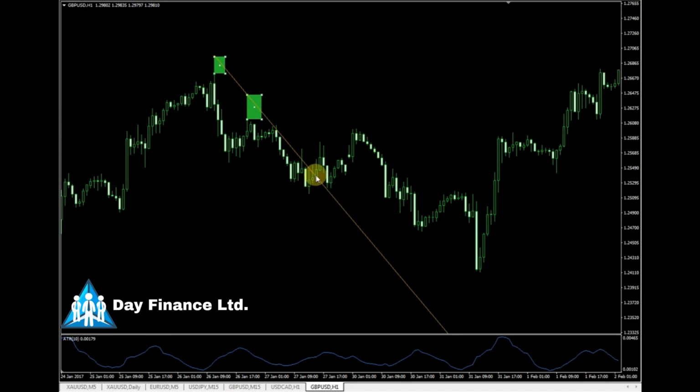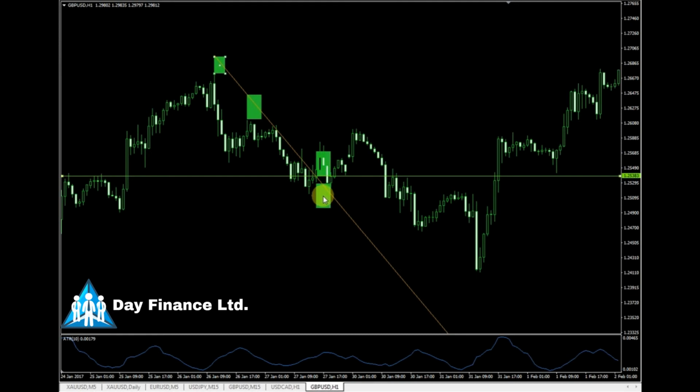This is the candle. Here's a touch, but it closes above, excuse me. You need a confirmation, so you want to buy here to scalp it.